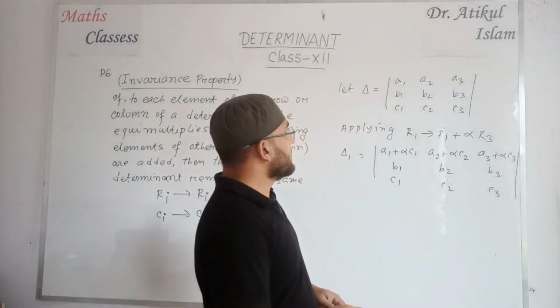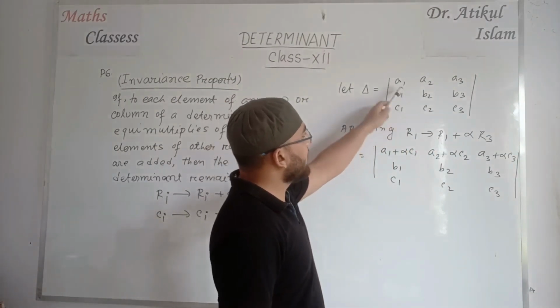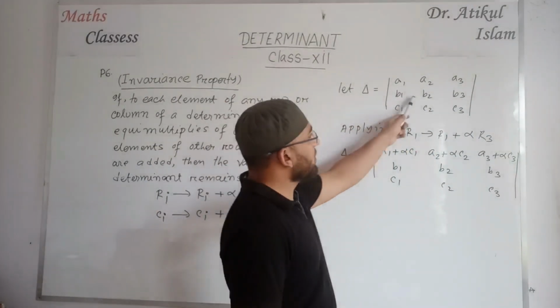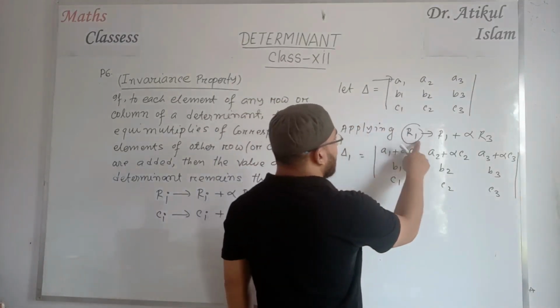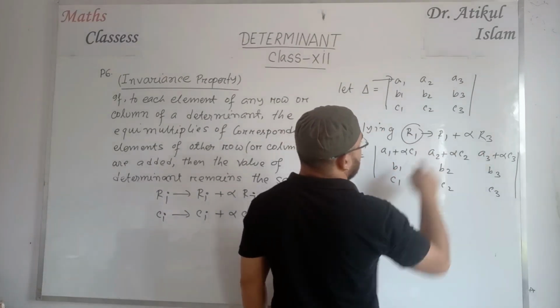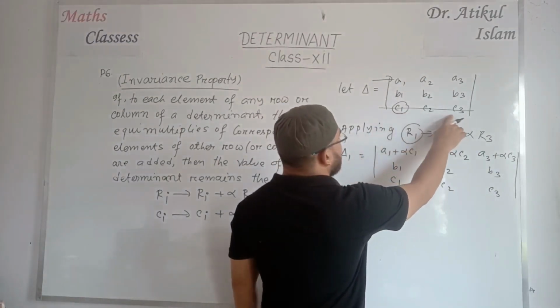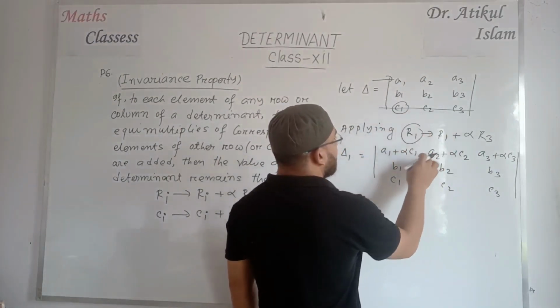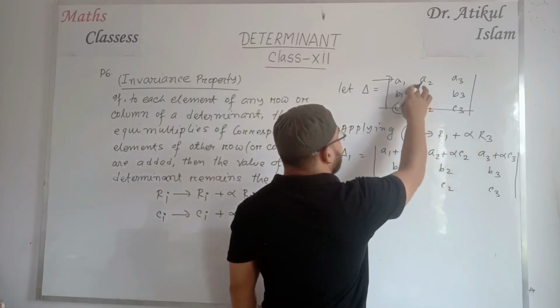So let you have delta, a 3 by 3 determinant, A1, A2, A3, then B1, B2, B3, C1, C2, C3. Now applying R1 implies R1 plus alpha into R3. That is, each element of the third row is first multiplied by the constant alpha, then added to the first row.